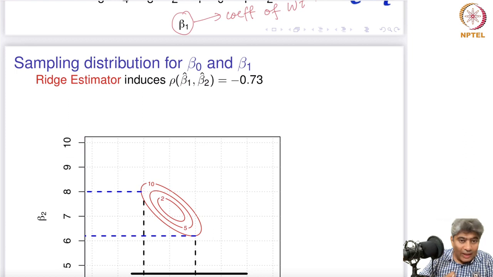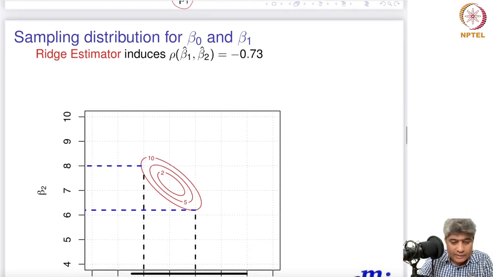Now instead of the OLS estimator, if we use the Ridge estimator, we will talk about how the Ridge estimator is calculated. The correlation between the Ridge estimators is reduced to negative 0.73.